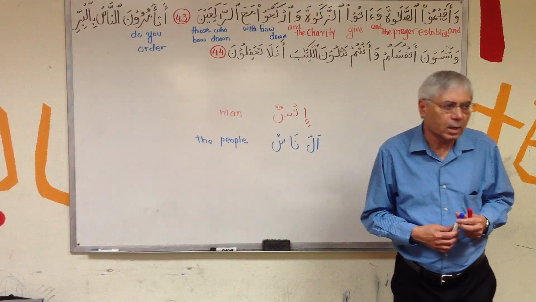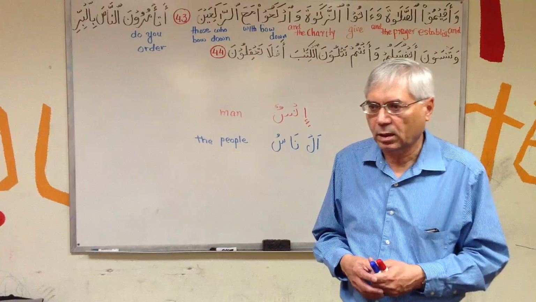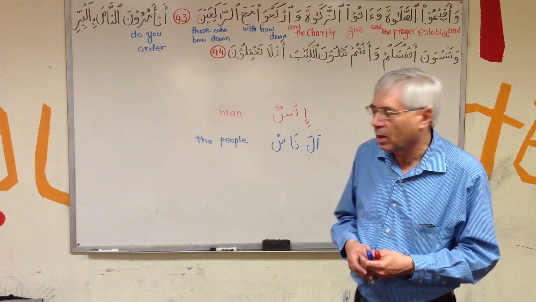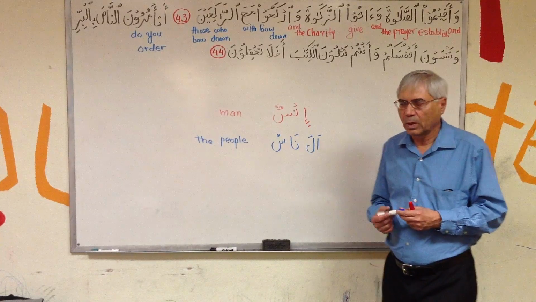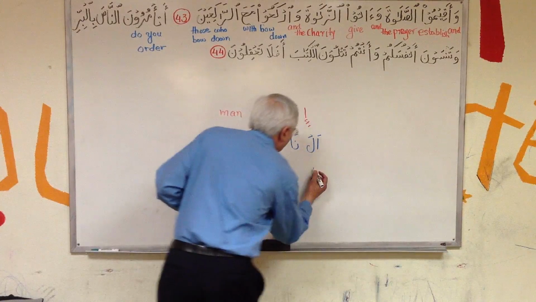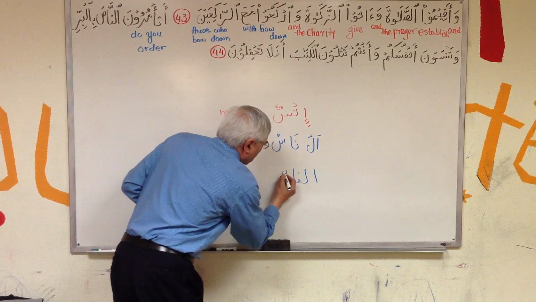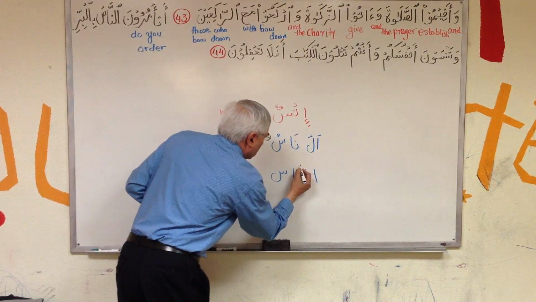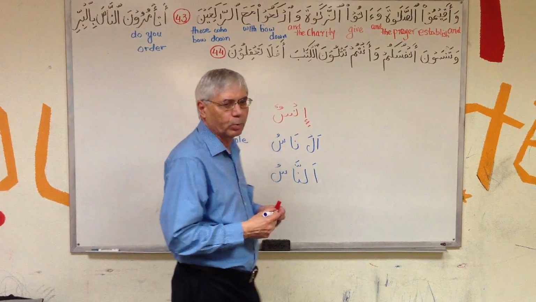It will become an-nasu. Surah An-Nas. Qul a'udhu bi rabbin nas. So an-nasu means the people.